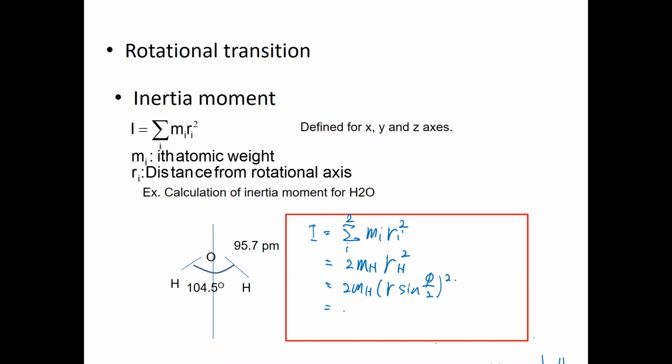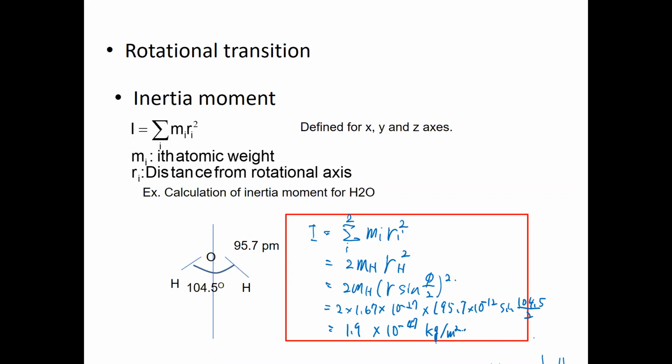Then you can calculate like 10⁻²⁷ kilograms times 94.7 × 10⁻¹² times sine 0.5, which gives 1.9 times 10⁻⁴⁷ kilogram meter squared, like this.